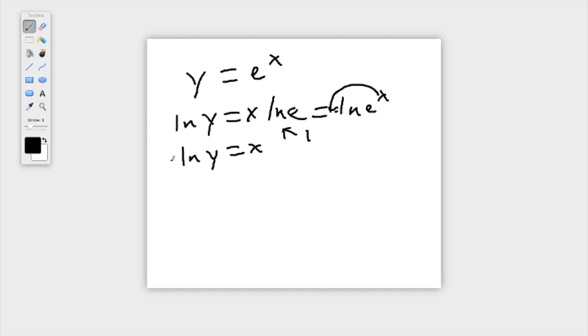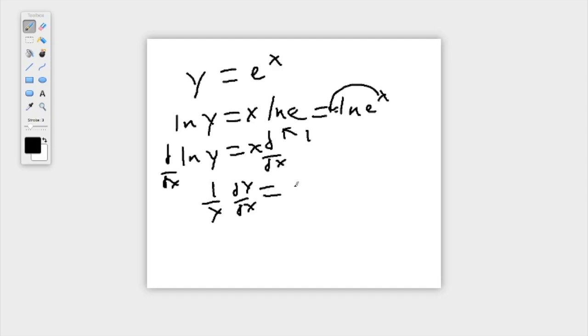So now I'm going to use implicit differentiation. I'm going to take the derivative with respect to x on both sides. It's useful that we know that we can figure this out because we already know that the derivative of this is 1 over y, and then dy dx because it's not being differentiated with x but y.